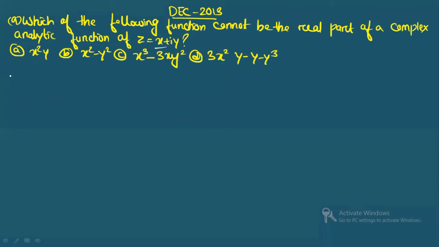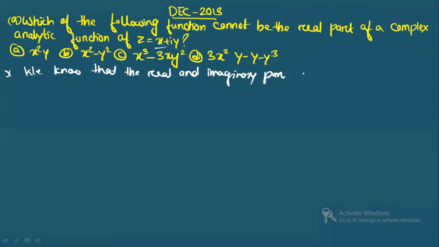harmonic. Yes or no? We know that the real and imaginary part, real is u, imaginary is v, of a complex analytic function is harmonic.